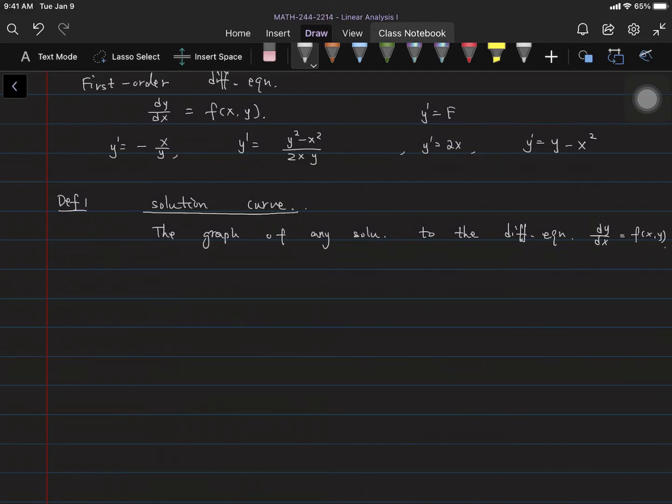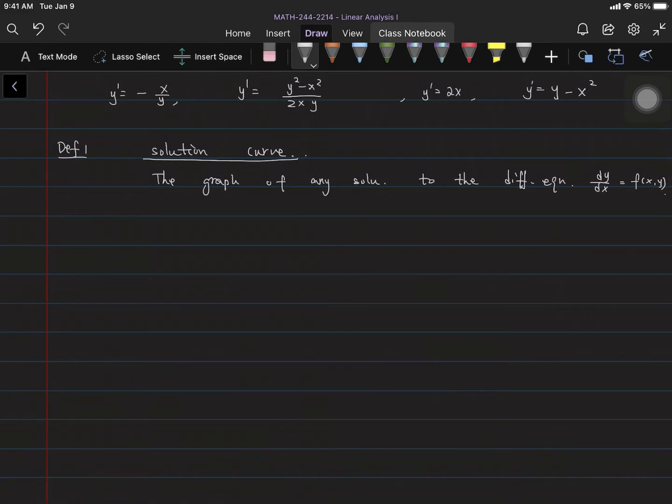Let's take a look at an example, how to sketch the solution curve. Example 1. So we are going to find the general solution to this differential equation, dy/dx equals 2x. Actually, we did this in the last class. Find the general solution, and here we also want to sketch the corresponding solution curves.